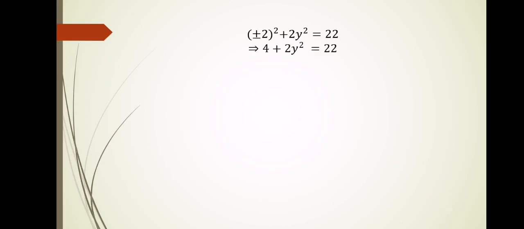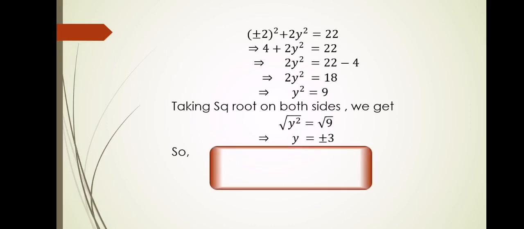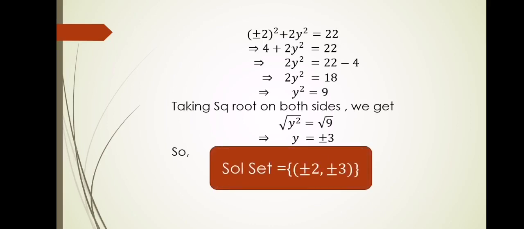Shifting 4 to the other side, we get 2y square is equal to 18, which will be y square is equal to 9. Again we will have to find the value of y and not of y square. For this we will have to take the square root on both sides. After taking the square root on both sides, we get y is equal to plus minus 3. So our solution set is plus minus 2, plus minus 3.